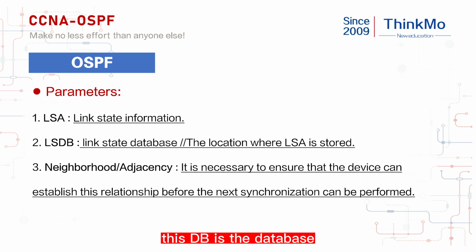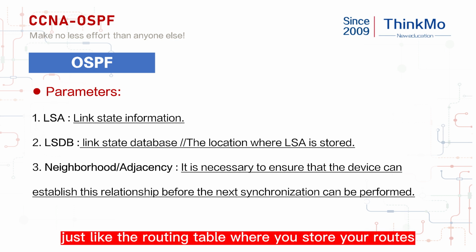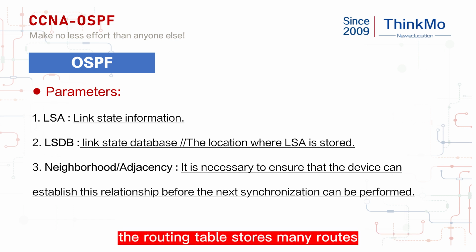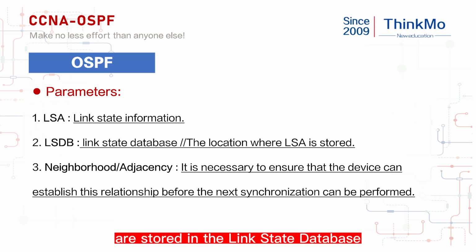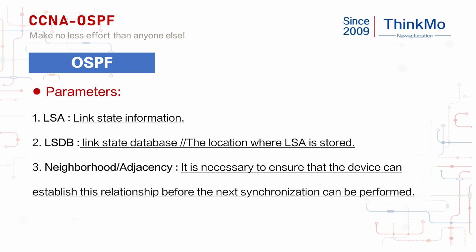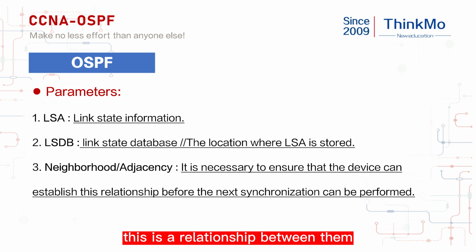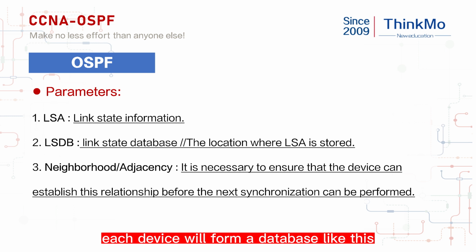This DB is the database. LSDB stands for Link State Database. It is where the LSAs are stored, just like the routing table where you store your routes. The routing table stores many routes, and a lot of LSAs are stored in the link state database. This is a containment relationship.